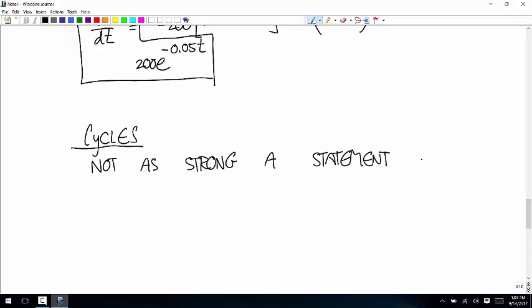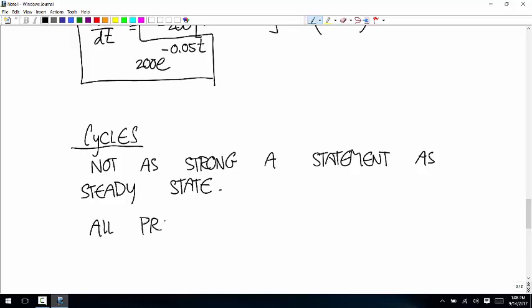It's sort of the same idea. Steady state means that all properties are constant at any two instants. They don't change at all. In cycles, the properties can change, but at the beginning and end of the cycle, those properties have to match.